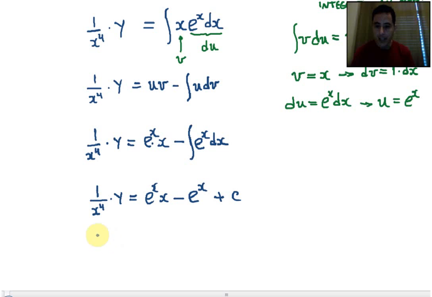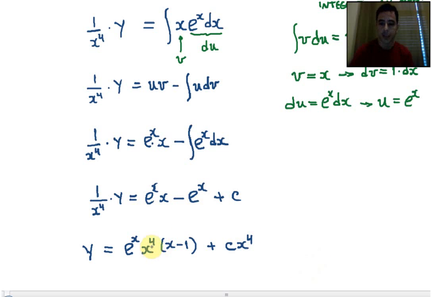Let's rearrange this whole thing. Y here would be, multiply both sides by x to the fourth. So y here is e to the x, and I can factor x to the fourth and e to the x here. So this would be e to the x, x to the fourth, times x minus 1, plus c times x to the fourth.